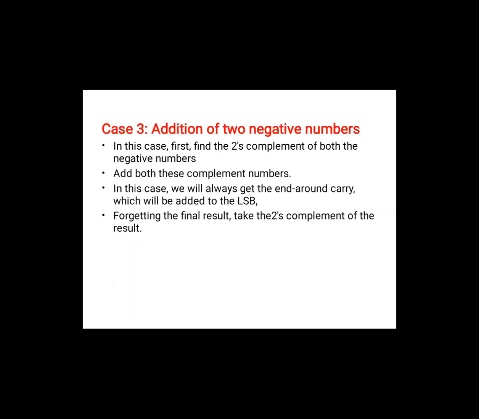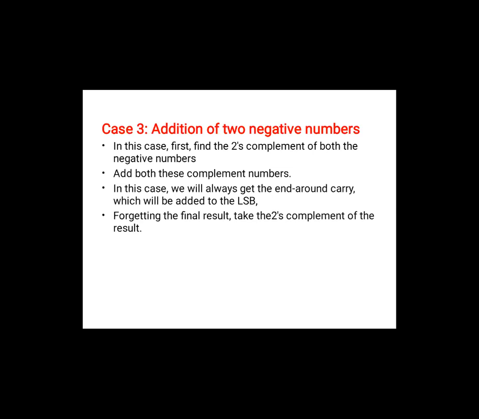Now let us go to case 3, addition of two negative numbers. Since I have two negative numbers, we find the complement of whichever is negative. So here we find the two's complement of both the negative numbers.